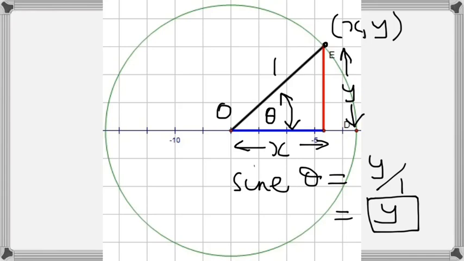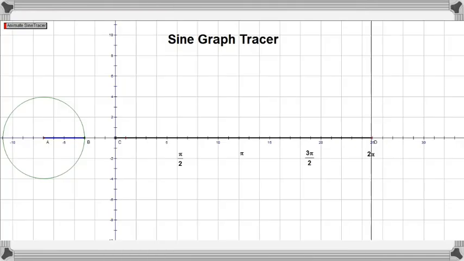Now, that's how we measure sine for all of the quadrants, as this little black hypotenuse, as it is now, moves anti-clockwise around all corners of that circle, or all quadrants of the circle. Okay, that's the idea of it. Now, we're going to move on and have a look at, there's a unit circle in the left-hand side, and I'm going to start tracing the height, or the y coordinate, as we move anti-clockwise, in the direction of theta.